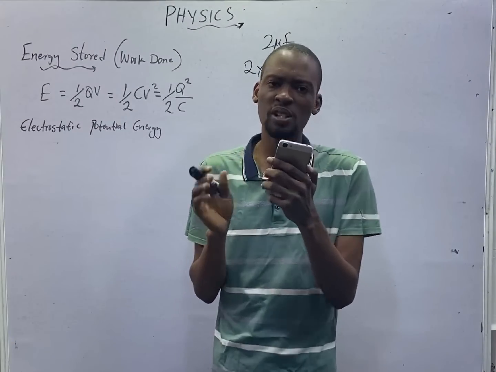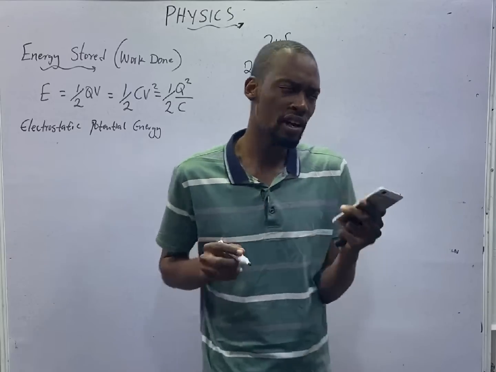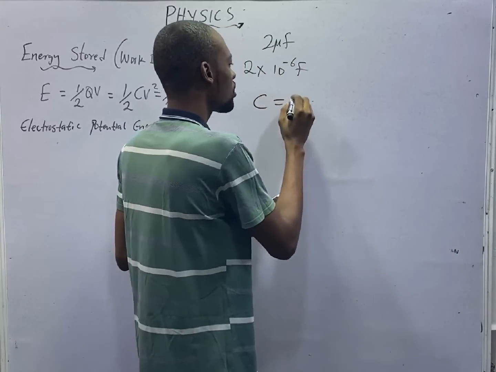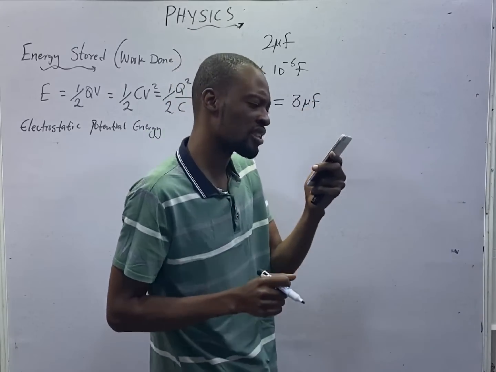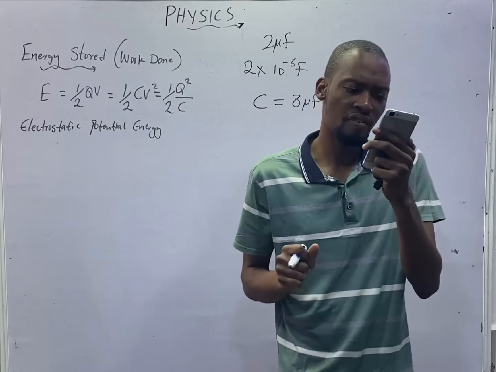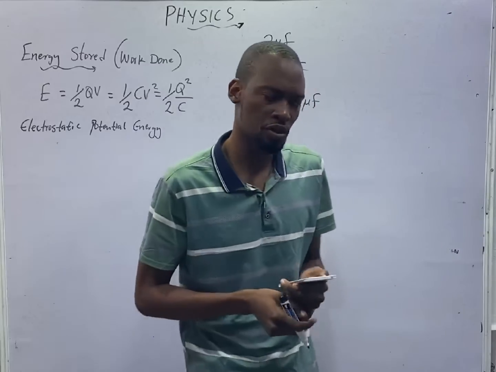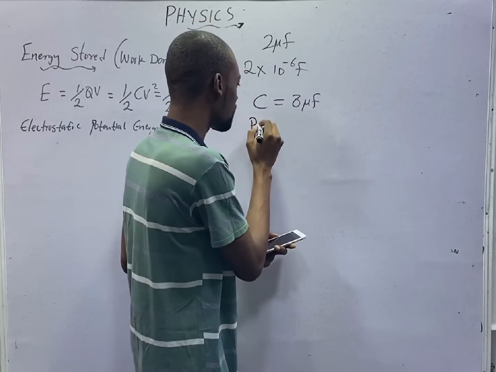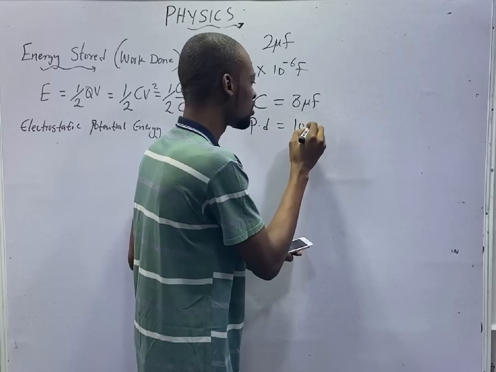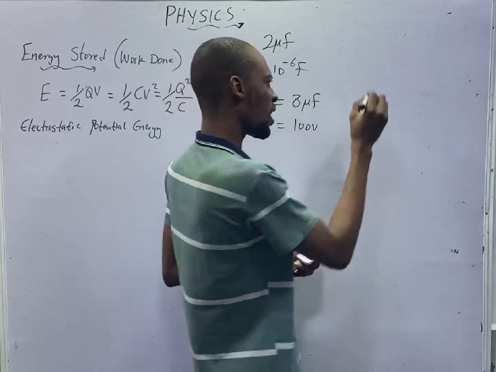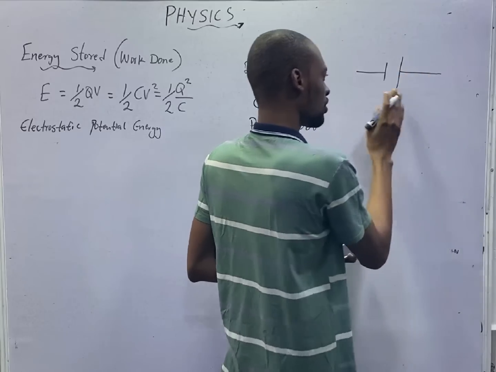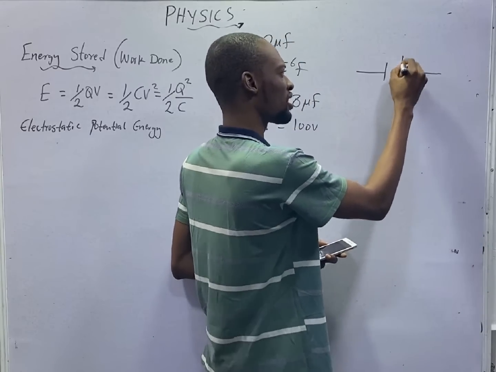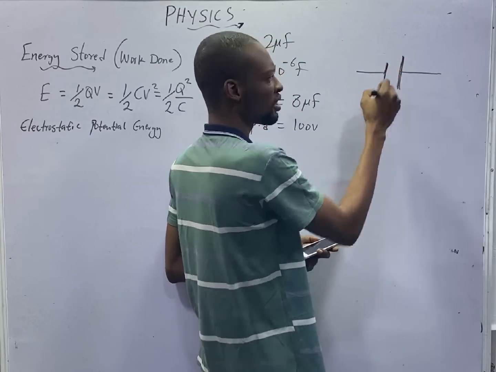A capacitor, 8 microfarad, C equals 8 microfarad, is charged to a potential difference of 100 volts. Potential difference equals 100 volts. Now, if you are given a circuit, you see that this side is of higher potential and this is of lower potential.